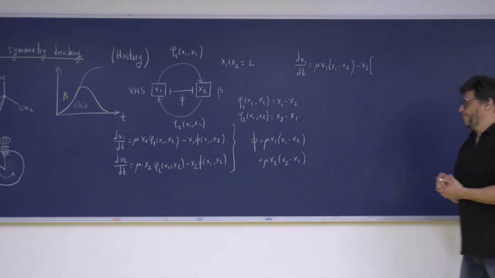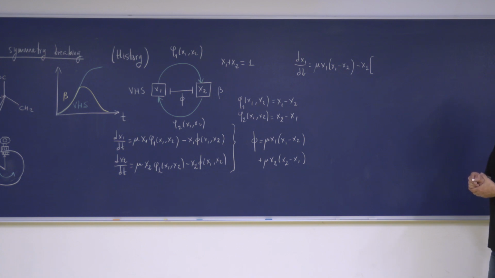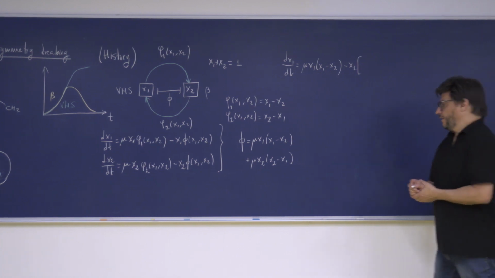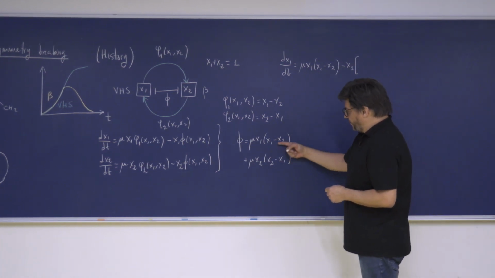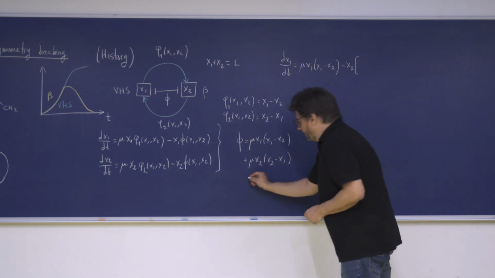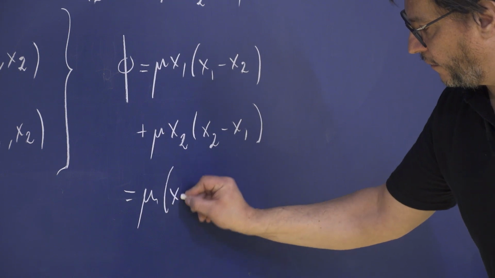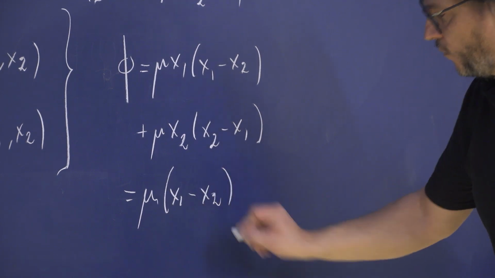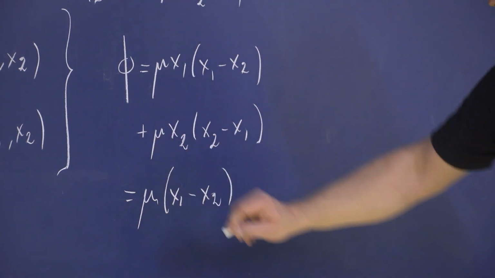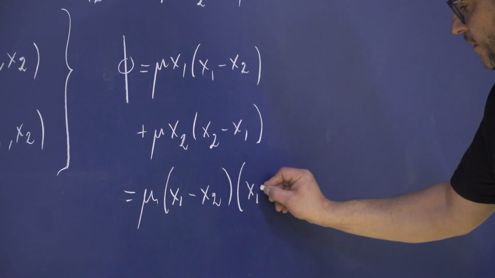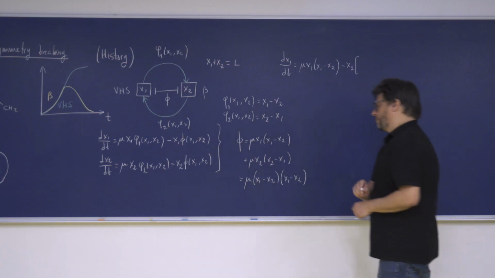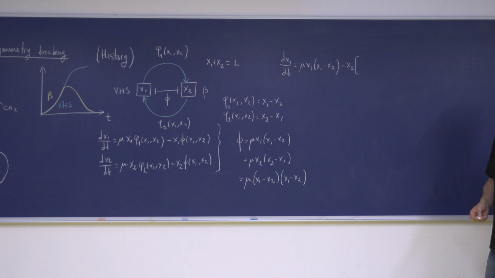Assuming this, right? Okay. Actually, I can make it nicer because this is just a difference of sign here, and that will be just mu x1 minus x2, right? That will be a minus sign, and actually this is just this, right? That's my phi function.